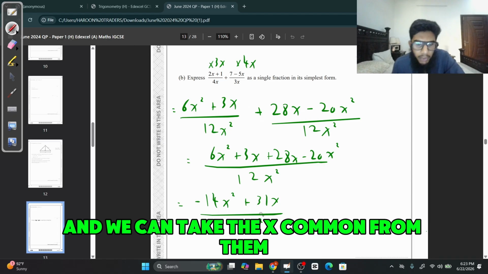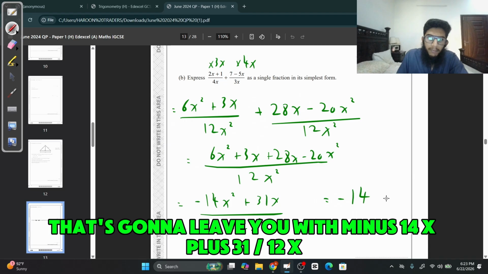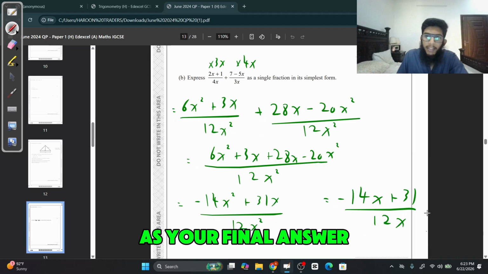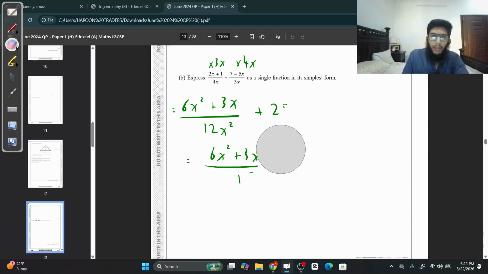And you can take the x common from them because they all have x. So we're going to remove the x from the above. So that's going to leave you with minus 14x plus 31 divided by 12x as your final answer.